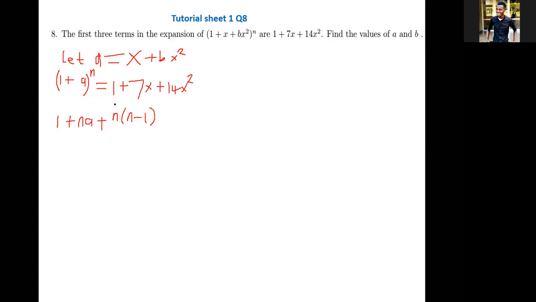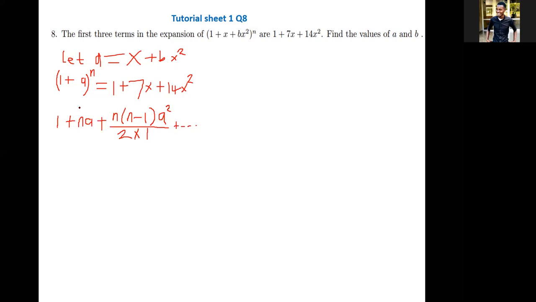My x there is a, and the power keeps on increasing, the power of a, then over everything over 2 factorial. Then we said 2 factorial is just the same as 2 times 1. Then the expansion keeps on going like that.